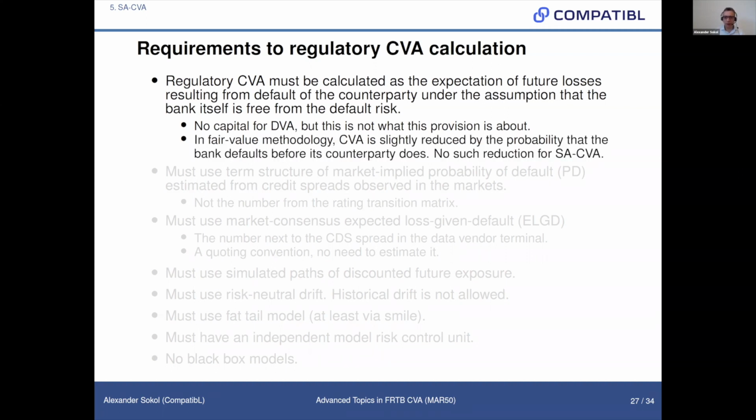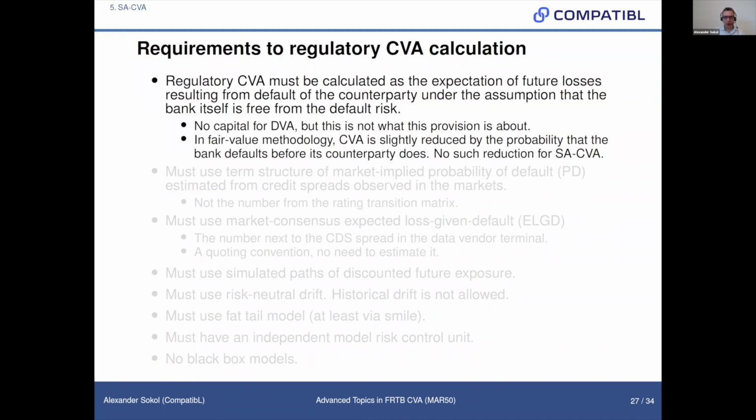However, what this provision is actually saying is a different thing. There is no capital for DVA, that is granted, but that's not what the provision is about. If you read it carefully, it's saying that in the fair value methodology, CVA is slightly reduced by the probability that the bank defaults before the counterparty does. In the formula for the integral that results in CVA, we had the survival probability of the counterparty.